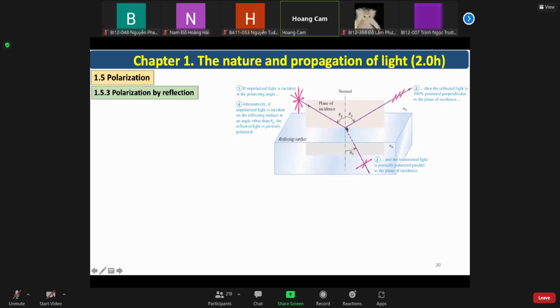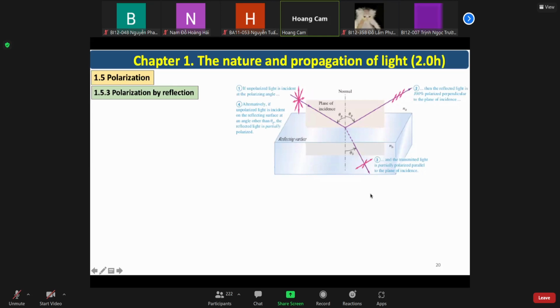Here the light is reflected, and the surface is the interface between two different media with refractive indices NA and NB. So the light is reflected, and the light is also transmitted.